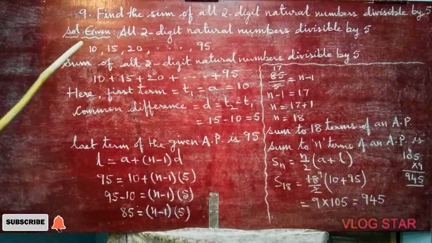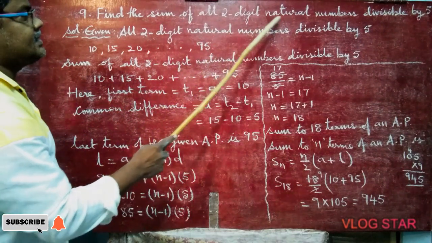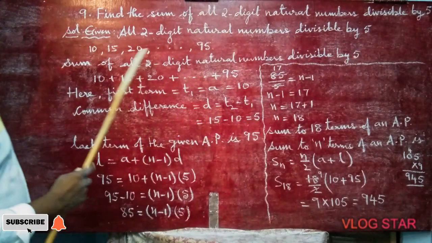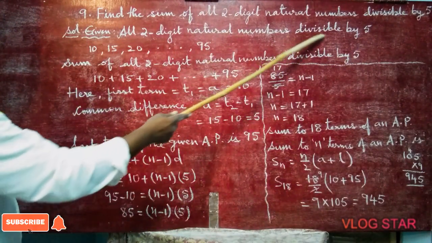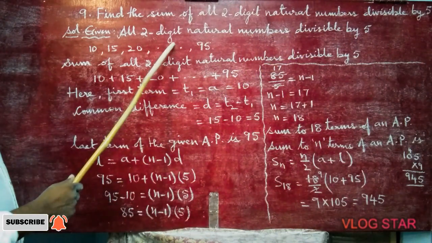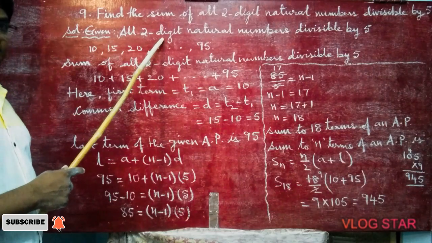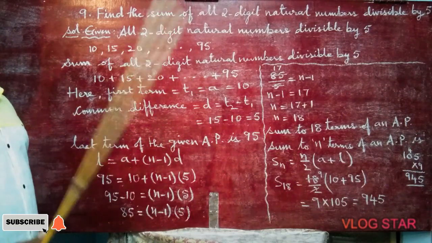Ninth problem. Find the sum of all 2-digit natural numbers divisible by 5. We know the smallest 2-digit number is 10 and the largest 2-digit number is 99.